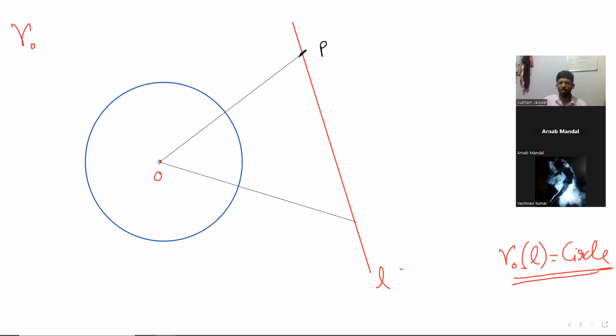But it's not to remember, it's to do. You will get some point here, P prime.